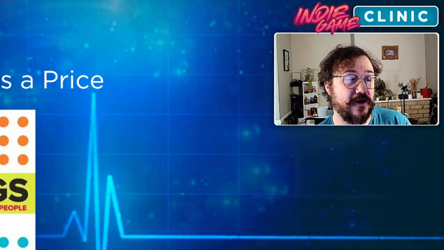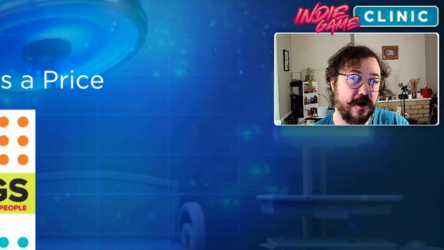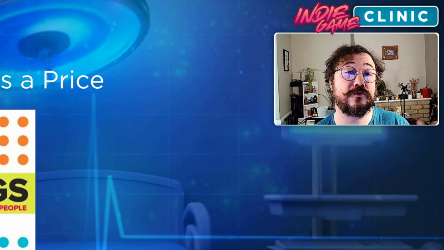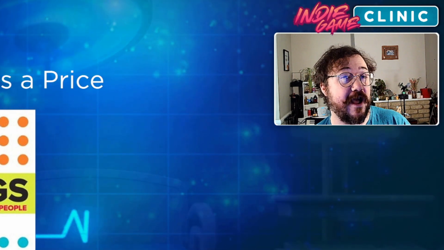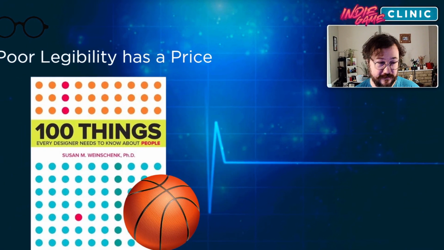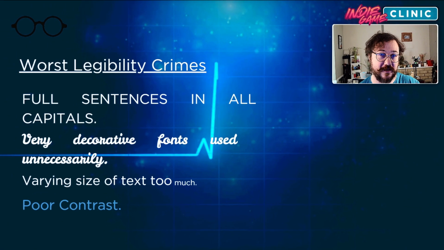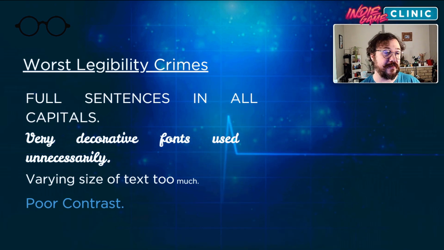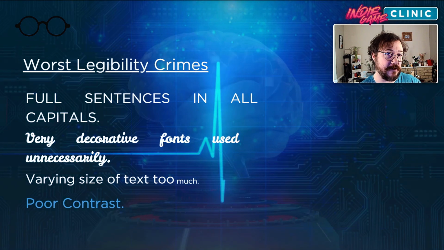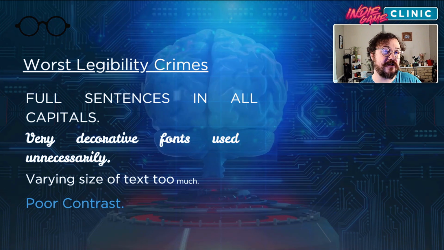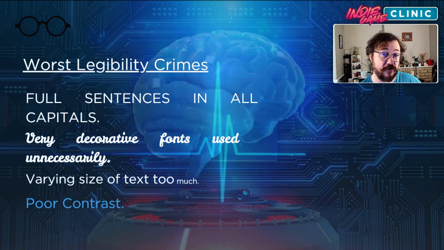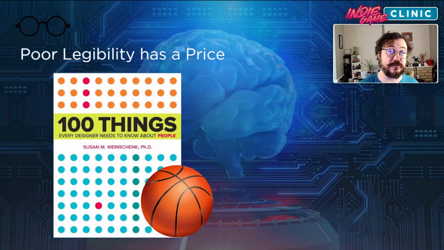They tended to find that when you gave people the harder to read instruction, they performed worse at the task, right? So if they were using a bad decorative font like the one I showed you there, and the people in the experiment couldn't read it very easily, then when they'd eventually read it and tried to do the basketball throws, they performed worse at it.